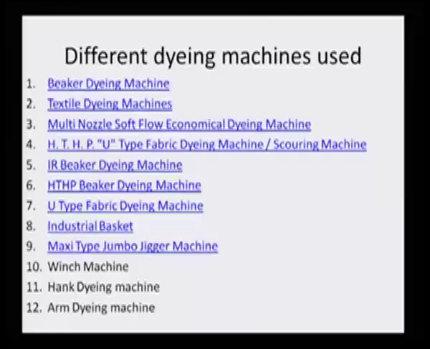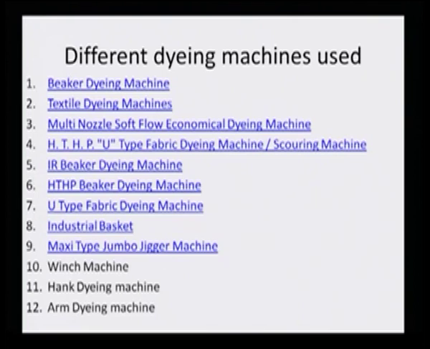But at least these 12 machines, that is the beaker dyeing machine, textile dyeing machines, multi-nozzle soft flow economical dyeing machine, HTHP U type of fabric dyeing machine which also does scouring, IR beaker dyeing machine, HTHP beaker dyeing machine, U type fabric dyeing machine, industrial basket machine, maxi type jumbo jigger machine, winch machine, hank dyeing machine, and arm dyeing machine.